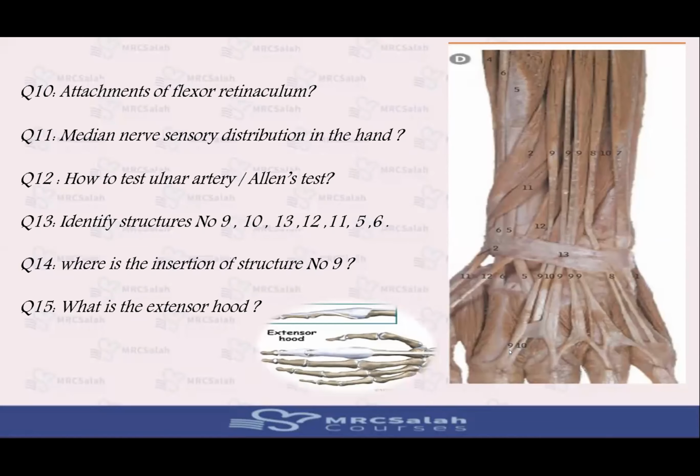Extensor indicis is 10. Indicis and digitorum both supply the index finger, coming to the index finger from above. So indicis is medial. The tendon near the little finger will be medial, and the tendon near the thumb will be lateral. So 10 is indicis, 9 is digitorum.